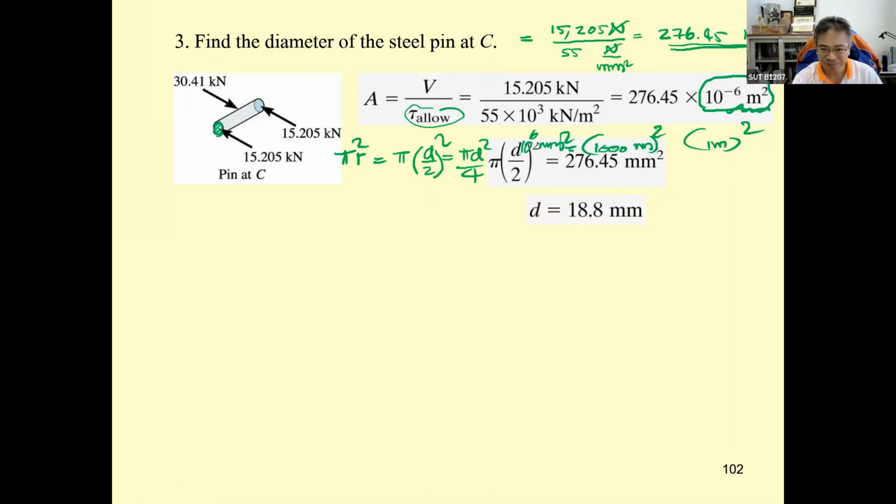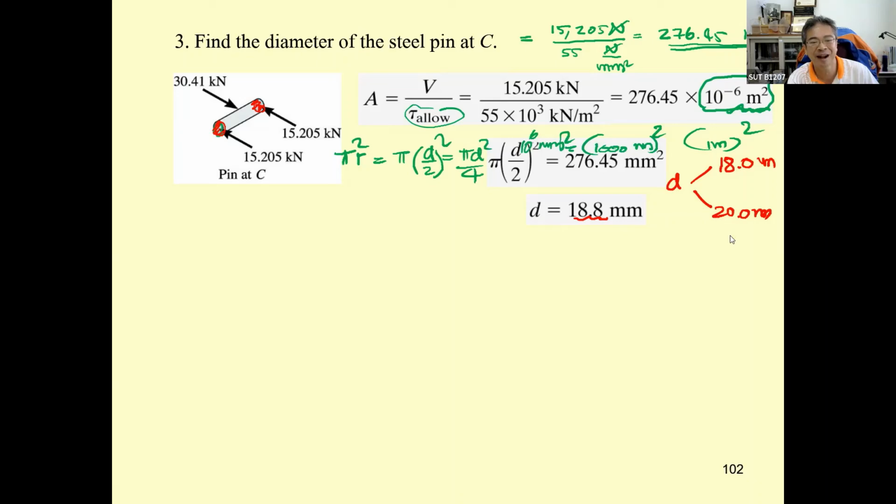When you go to Home Pro, maybe, or you may go to the store, the diameter of the rod that is sold in the store may not be 18.8. You may see the diameter may be 18.0 millimeter or 20.0 millimeter. Let me ask you guys, which one is going to be the answer when you go to the store? Which one are you going to buy? 18 millimeter or 20 millimeter?